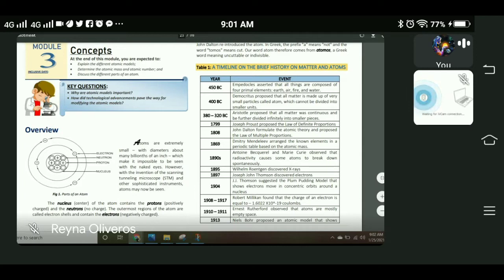In 1904, J.J. Thomson suggested the plum pudding model of the atom, which shows that electrons move in concentric orbits around the nucleus. From 1908 to 1917, Robert Millikan found that the charge of an electron is equal to 1.6022 times 10 raised to negative 19 coulombs.